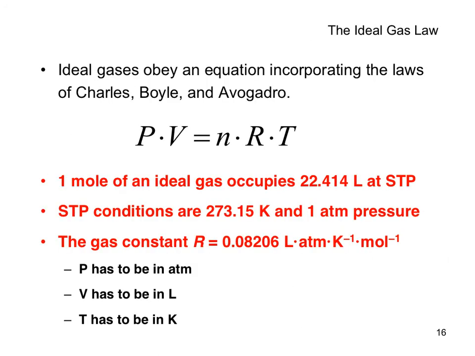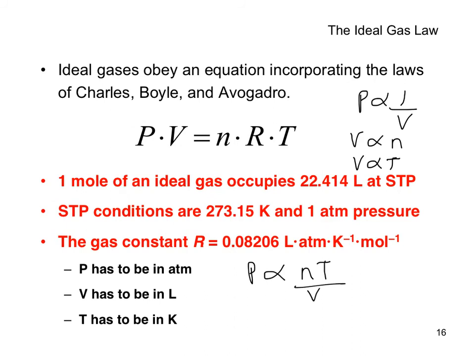So, like I was saying, pressure is inversely proportional to volume. Volume is directly proportional to number of moles, and it is also proportional to temperature. So one can safely say that pressure is essentially nT over V, or if you remove the sign of proportionality, you have to give in a constant of proportionality, in this case called R, the gas constant.